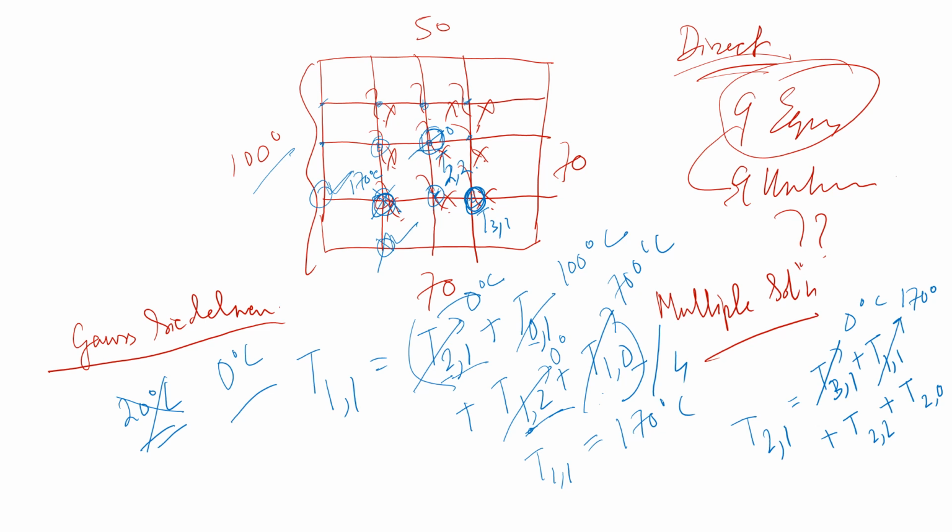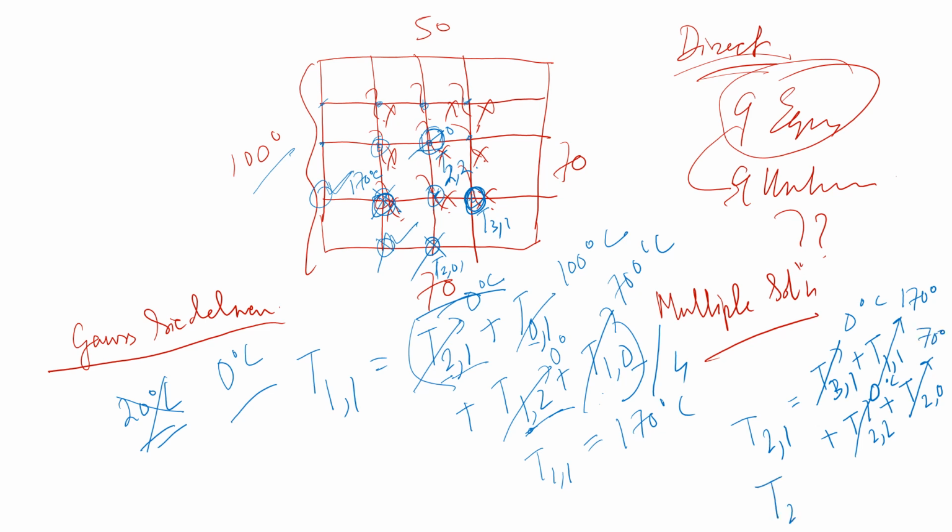So this T22 will also be at 0 degrees centigrade because these are all unknown internal nodes. And T20 will be at the edge temperature, which is 70 degrees centigrade.